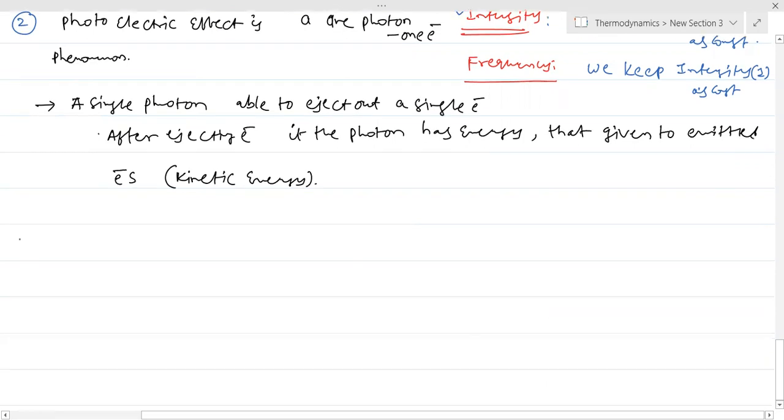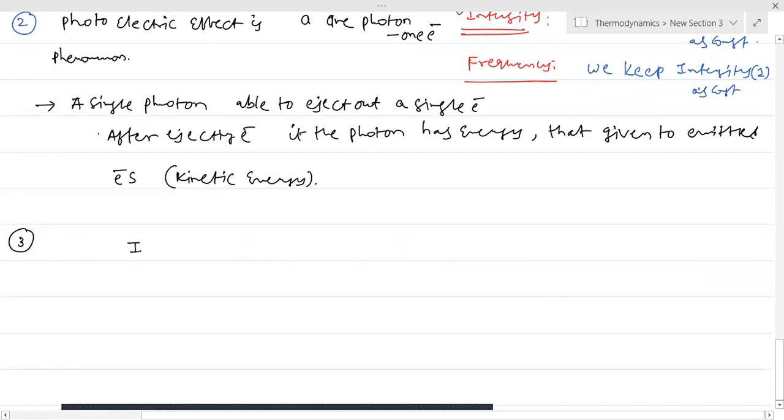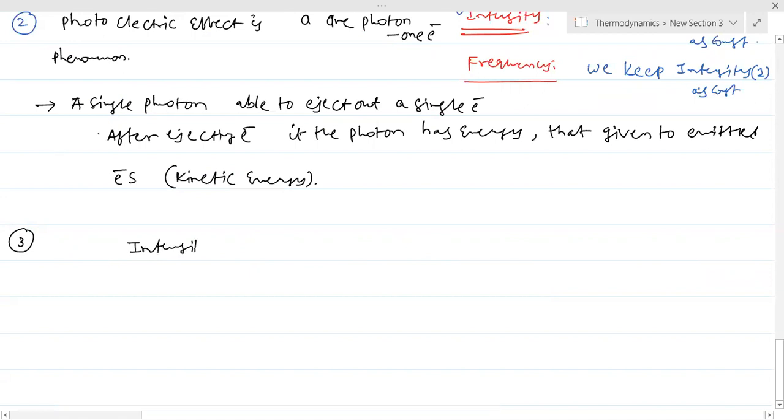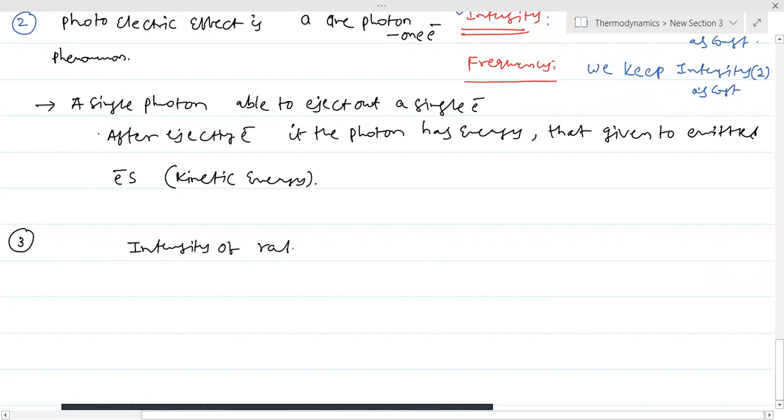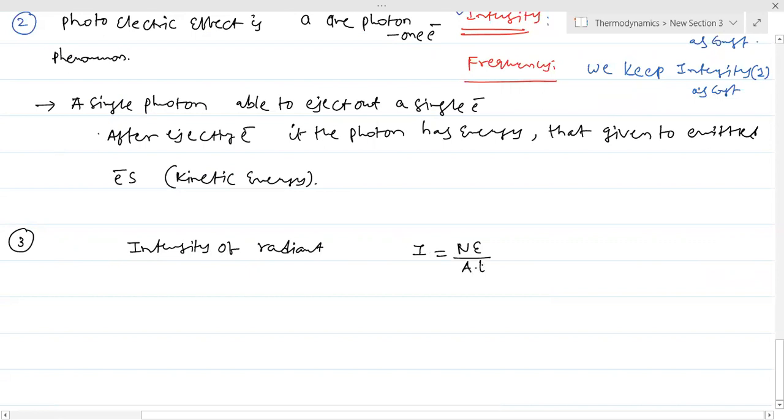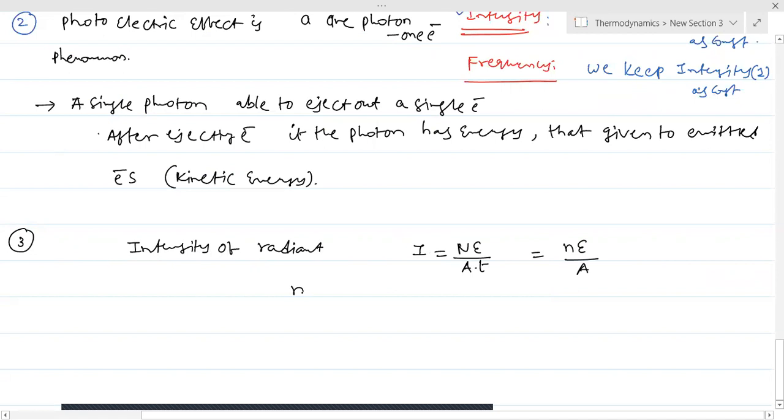So next one we are taking, this is the third one. This is very important: intensity of incident radiation. Just now we have taken intensity equivalent to number of photons energy by A into T. Or some people may call it n into E by A, where small n is number of photons emitted per second.